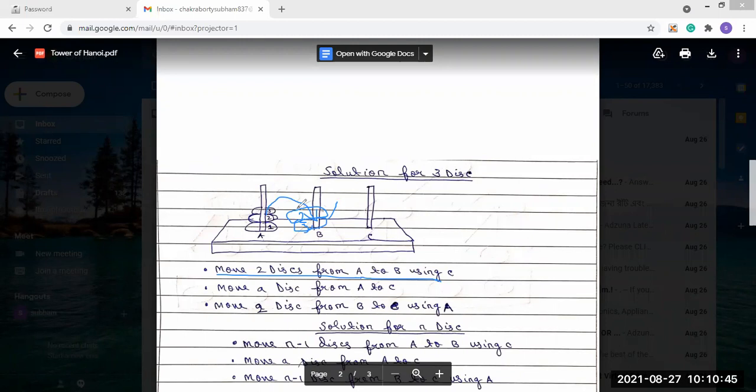Here 3 is the smaller disk, and over it the second number disk, which is larger, is placed. But for the auxiliary tower, we don't consider this rule. Only for the source and destination towers will we check it.